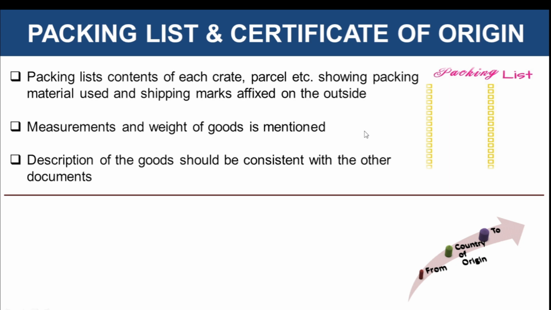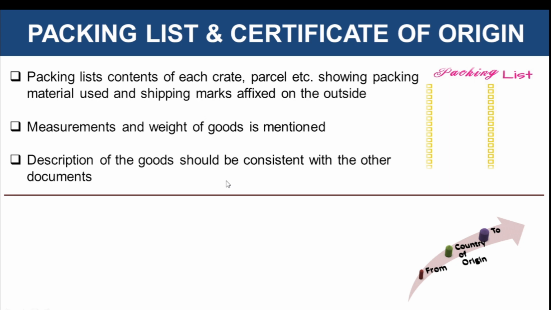Now let's come to the other two documents, which are the packing list and certificate of origin. The packing list shows the content of each crate, parcel, etc., showing packing material used and shipping marks affixed on the outside. Measurement and weights of goods are mentioned. Description of the goods should be consistent with the other documents.